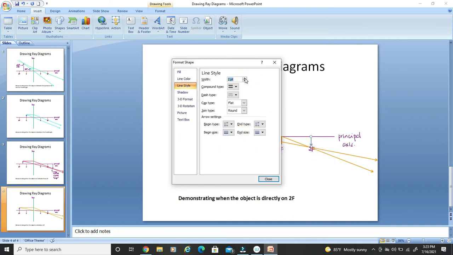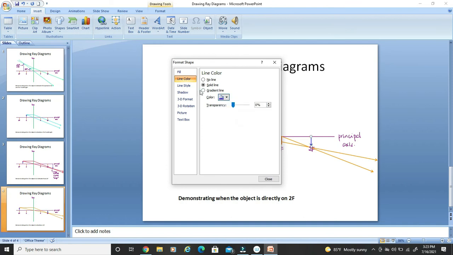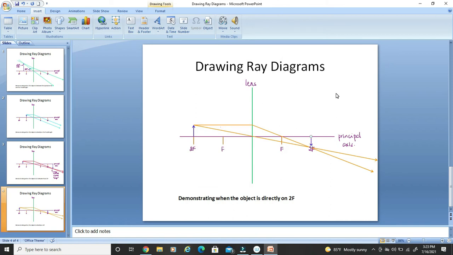It is inverted, as in upside down, so it's real. And it is the same size as the object. And it forms directly on 2F, twice the focal length.